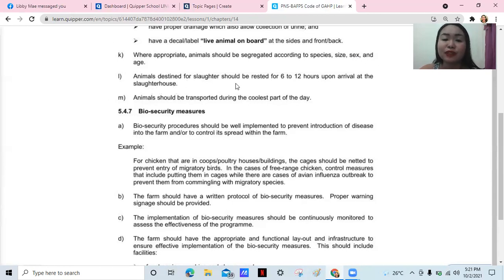Animals also destined for slaughter should be rested for 6 to 12 hours upon arrival before they are slaughtered, no? Like that. So they are not psychologically stressed, because psychological stress in animals also has an effect on the taste and quality of our animal meat. So, and animals should be transported during the coolest part of the day.